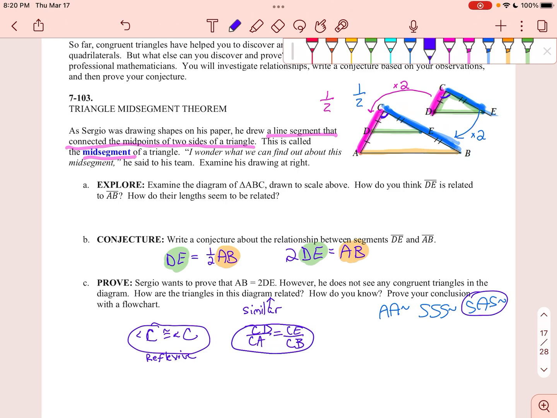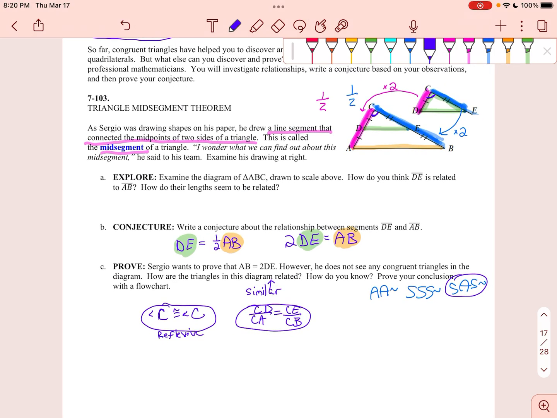And again, we showed that very clearly up there. So with this information, we can now say that the triangles are similar to each other. Now again, this is just a flow proof, so we're just flowing on through. So I can say that CDE, the smaller triangle, is similar to CAB. And the reason that I said that they were similar is because of side angle side similarity, okay?